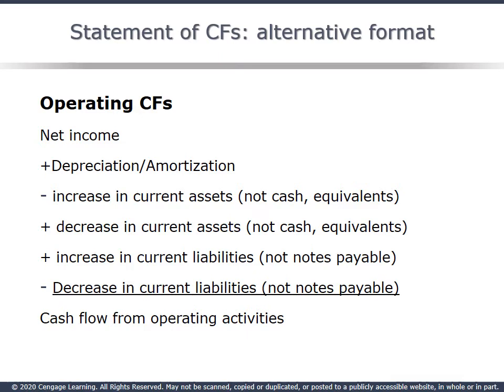If there's been an increase, that change will be added in. If there's been a decrease, we subtract it out. So once we net out all these entries in this portion of the firm's statement of cash flows, we're going to end up with cash flow from operating activities.